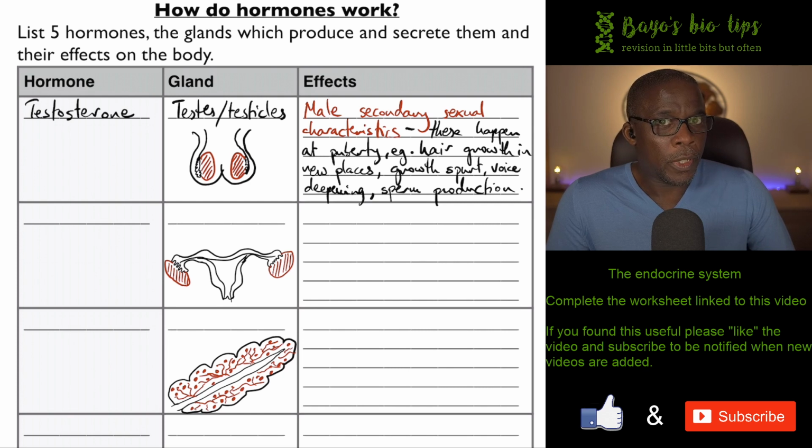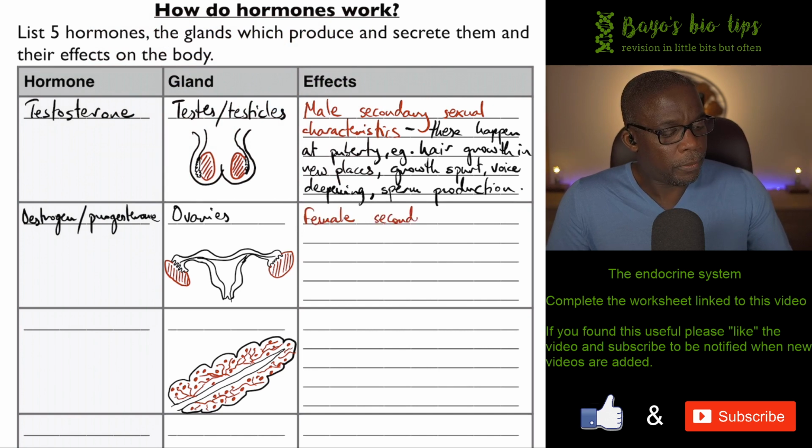Okay, so let's go on to the next example. Let's see if you can identify that one, or if you identified it correctly. And it's the ovaries. Okay, and they produce estrogen and progesterone. And they are responsible for the female secondary sexual characteristics.